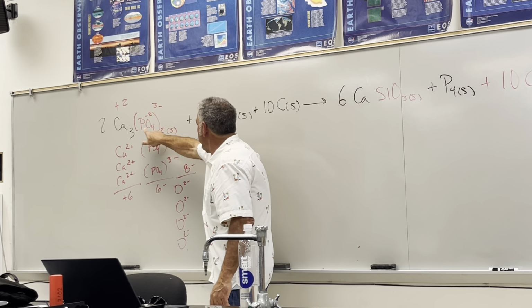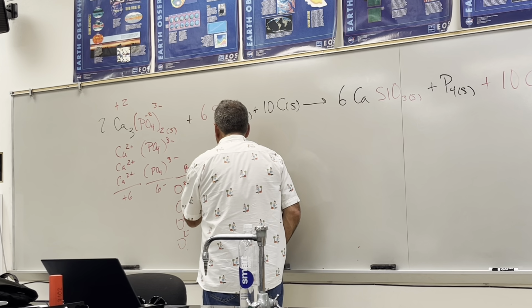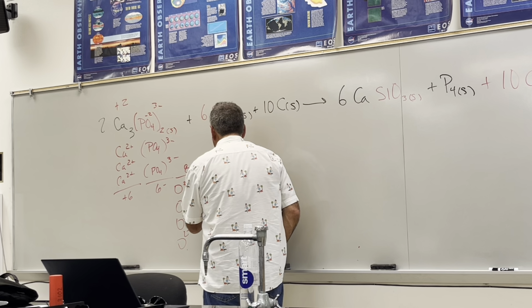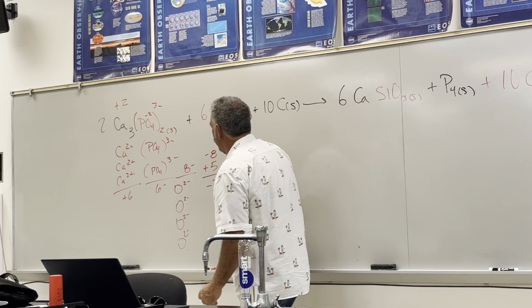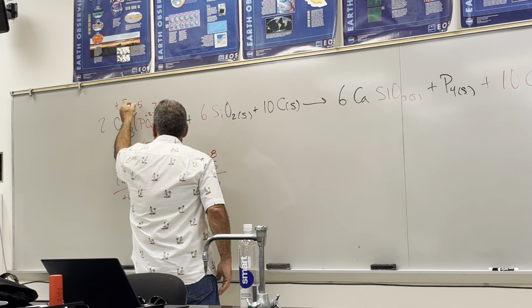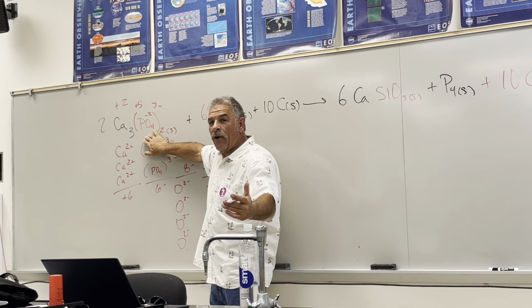How many phosphorus? 1. So 8 minus, what is -3, and that would be a plus, -8 + 5, right? So phosphorus is +5.